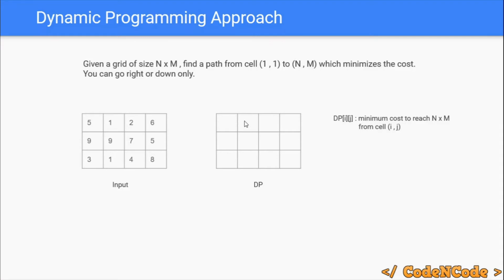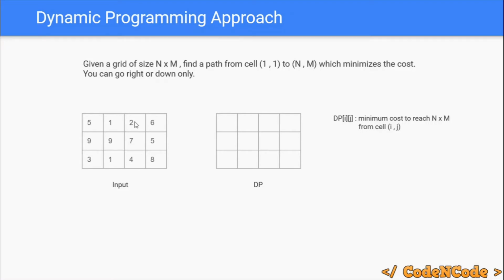Similarly for this cell, what is the cost to reach destination from this cell? It depends on the cost of this and this cell, right? Because from here either I can take this cell or I can take this cell. So to calculate its total cost, it depends upon the calculation of these two cells.